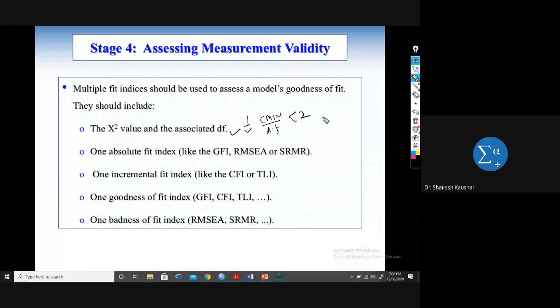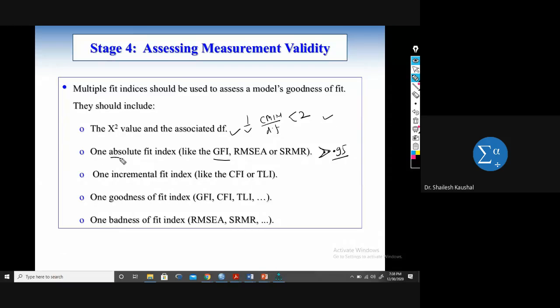If it is 2, then okay. Then one absolute fit index, its value should be greater than, theoretically, 0.95. Okay, it should be greater than 0.95 theoretically.